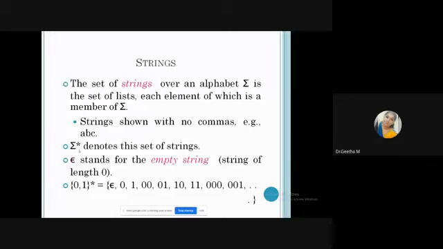Then coming to the last point, sigma closure, as I told you. Consider our strings are combinations of only zeros and ones, so within curly brackets 0 comma 1, only two symbols I have taken.